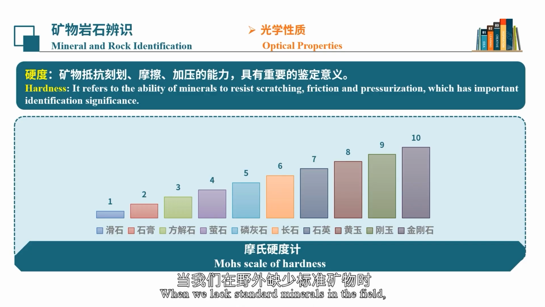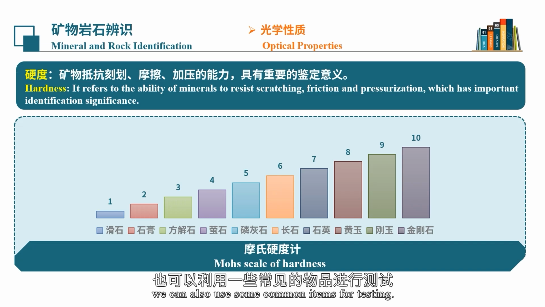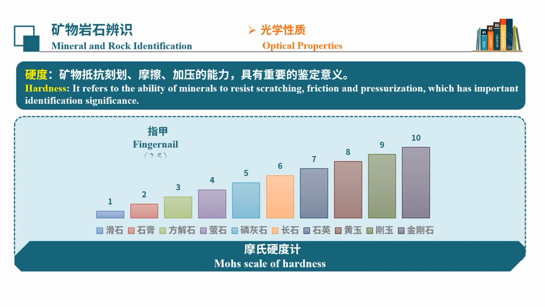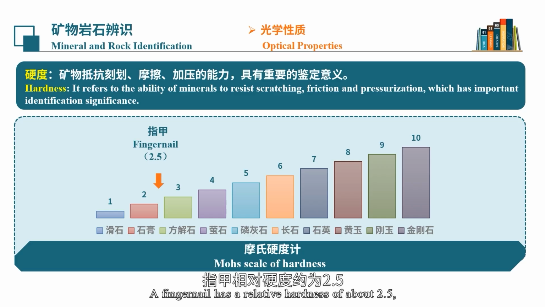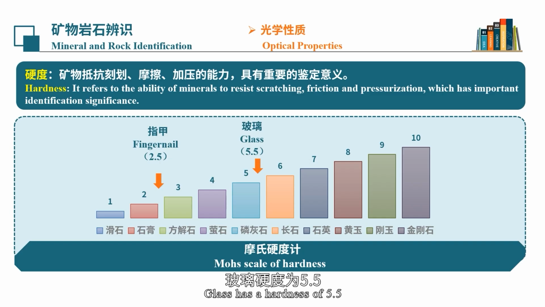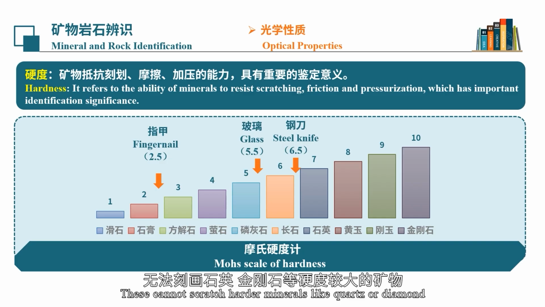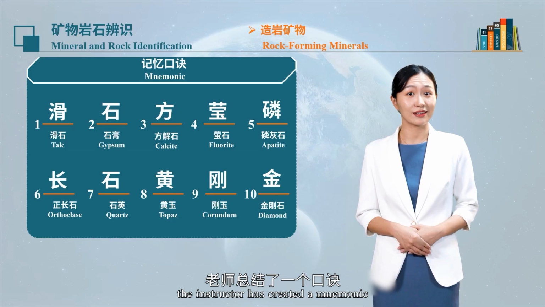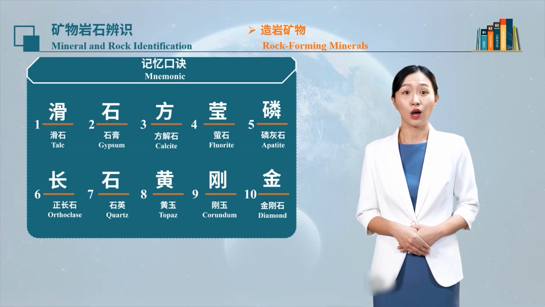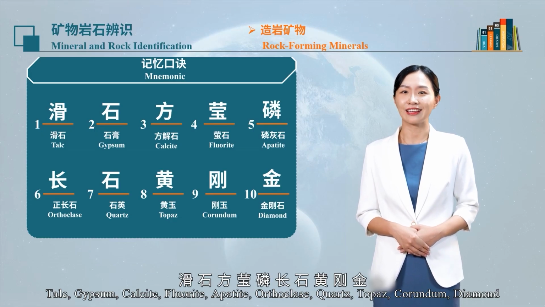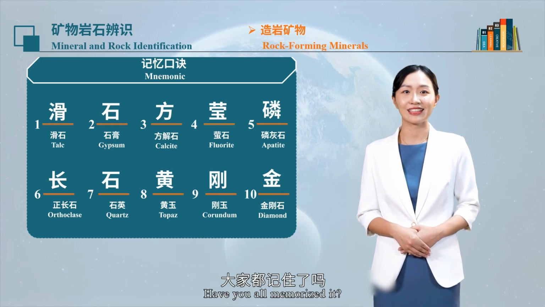When we lack standard minerals in the field, we can also use some common items for testing, such as a fingernail, which has a relative hardness of about 2.5 and can scratch talc and gypsum. Glass has a hardness of 5.5. A steel knife has a hardness of 6.5. These cannot scratch harder minerals like quartz or diamond. For ease of memorization, the instructor has created a mnemonic, namely talc, gypsum, calcite, fluorite, apatite, orthoclase, quartz, topaz, corundum, diamond. Have you all memorized it?